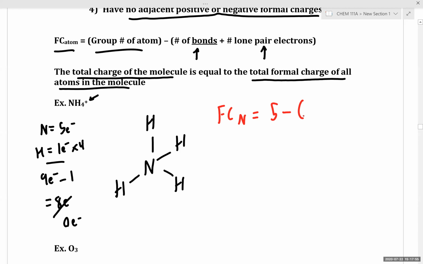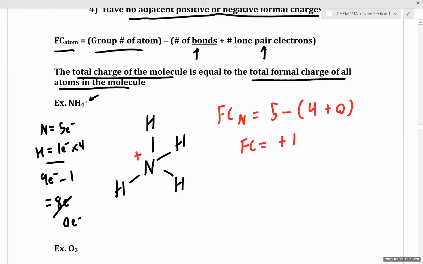Okay, and how many bonds is nitrogen forming? 4, yep. And how many lone pair electrons do we have? 0. Okay, so that gives us a formal charge of nitrogen of +1.